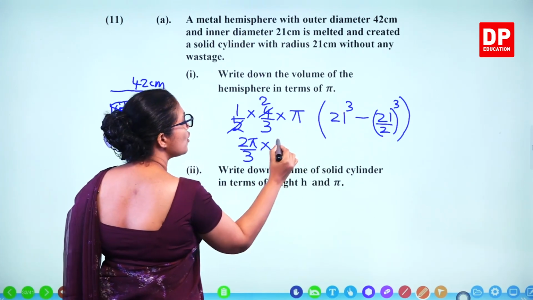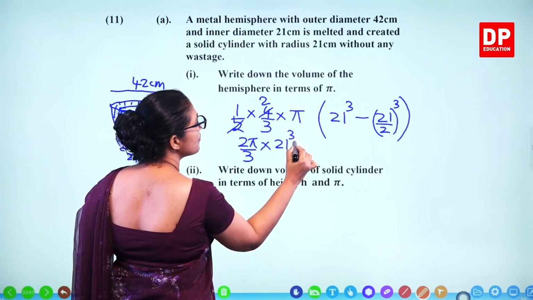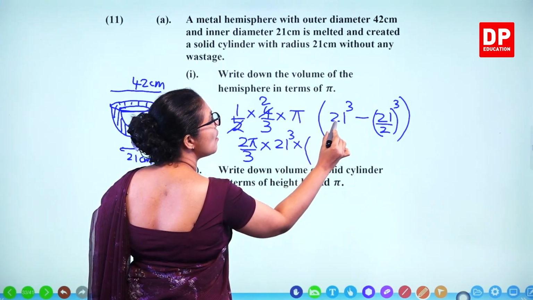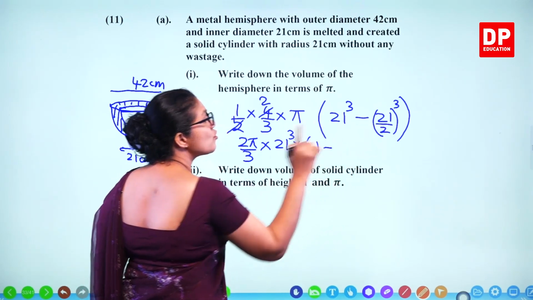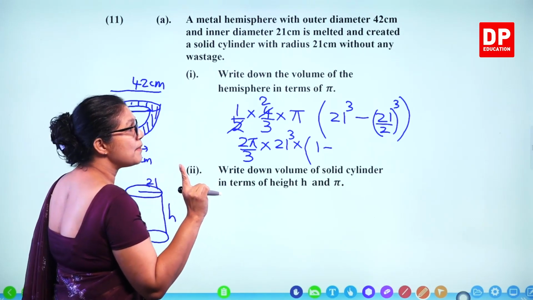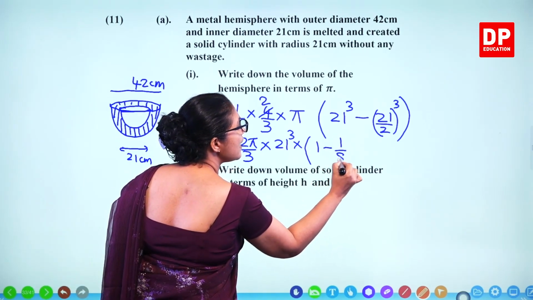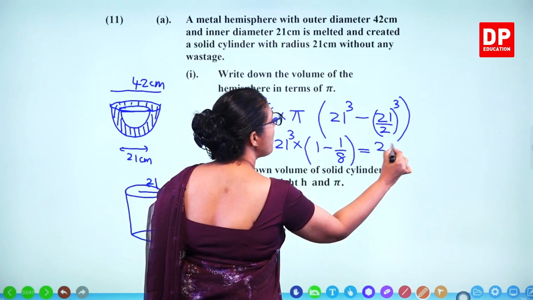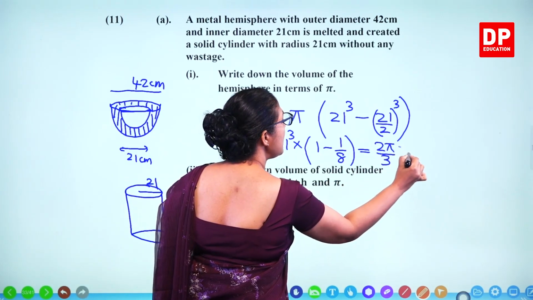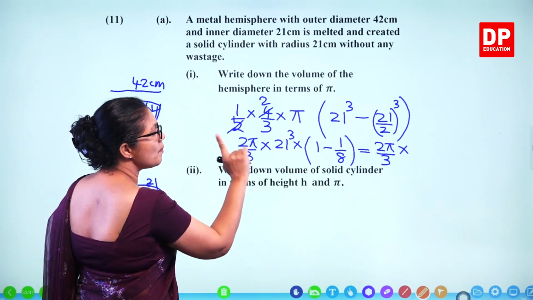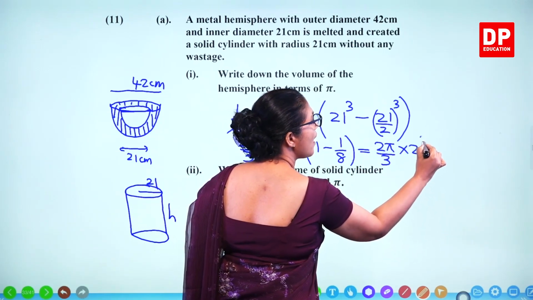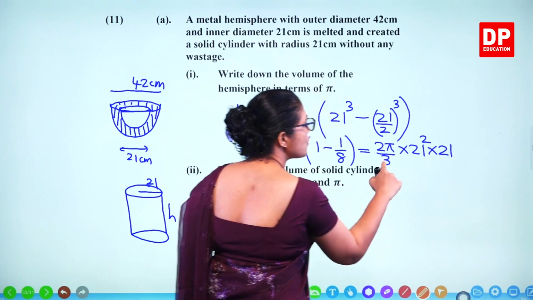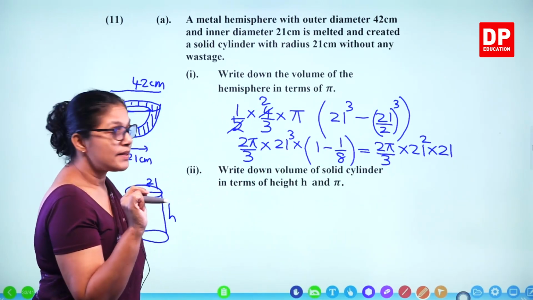We'll take 21 cubed out and you get 1 minus 2 to the power 3 there. 2 to the power 3 means 8, so 1/8. So what's the value here? You get 2 pi over 3, and instead of 21 cubed, I'll write 21 squared and another 21 because I want to cross out with the 3.